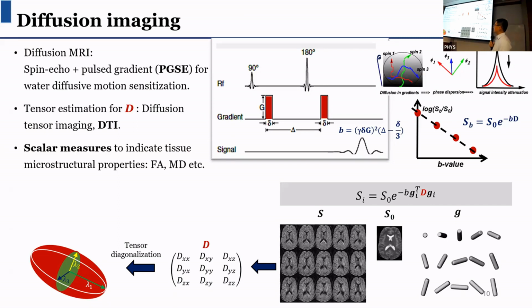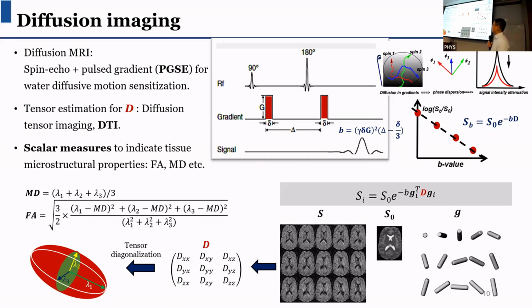From this tensor, you can estimate scalar measures. How fast the molecules move is called mean diffusivity, the MD value. We can also calculate the FA value, the fractional anisotropy, which is determined by this equation. These are the two most important parameters in DTI images.